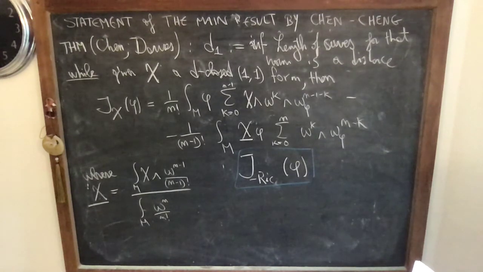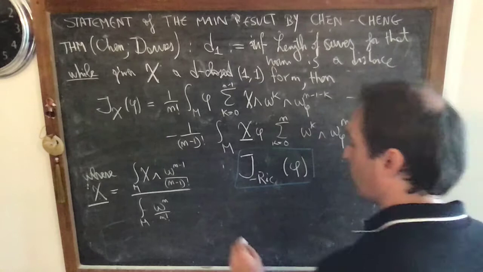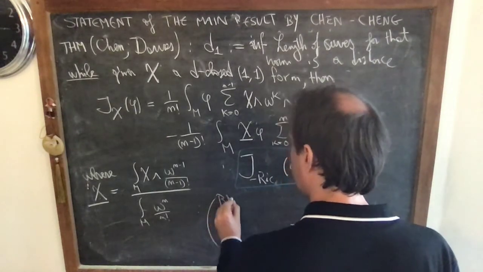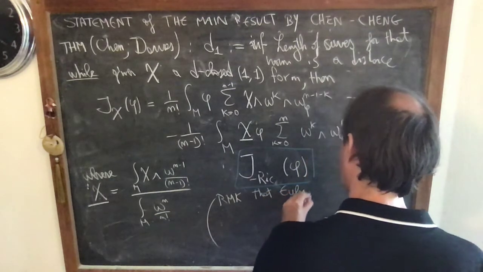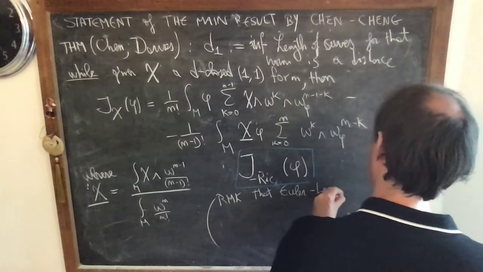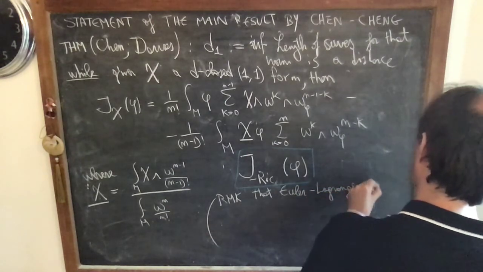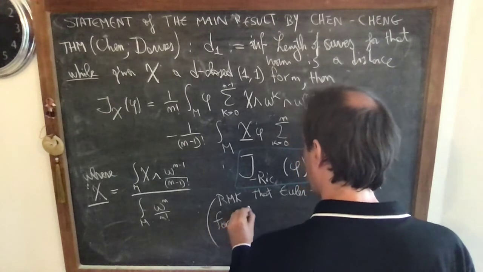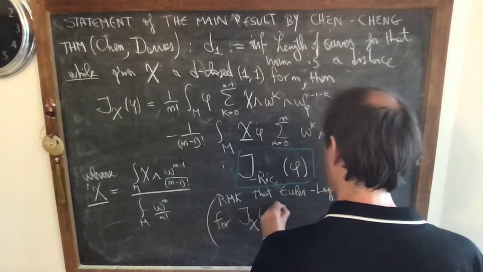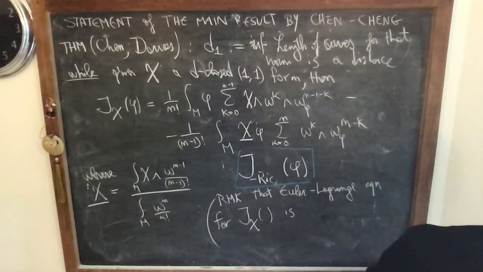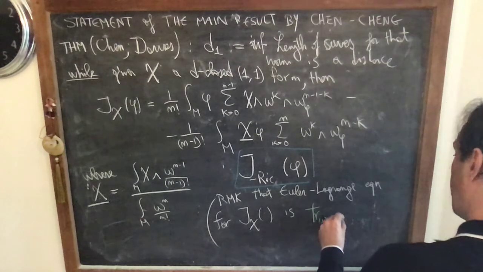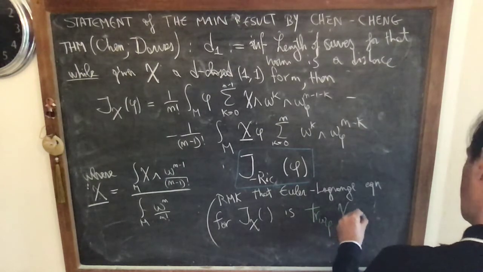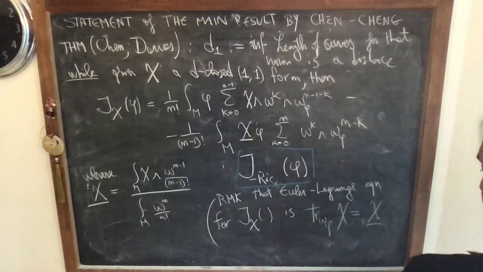Well, we remark here that the Euler-Lagrange equation for J chi is: the trace of chi with respect to omega phi is the average of chi.